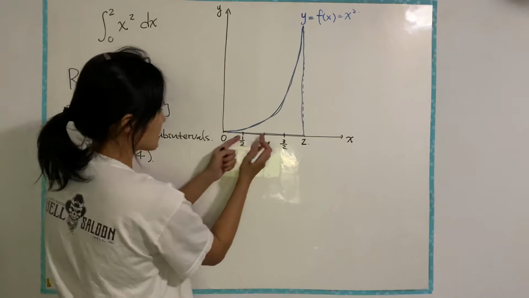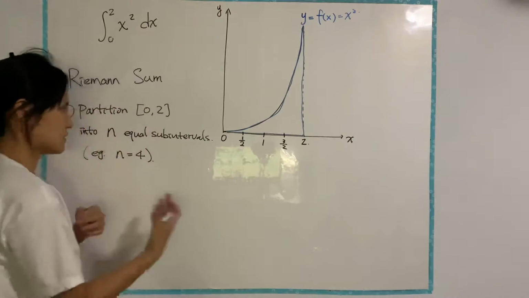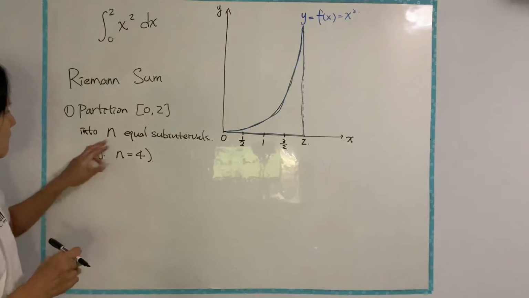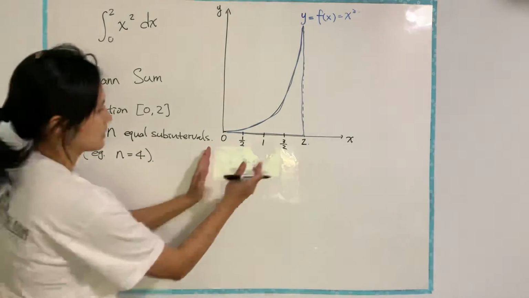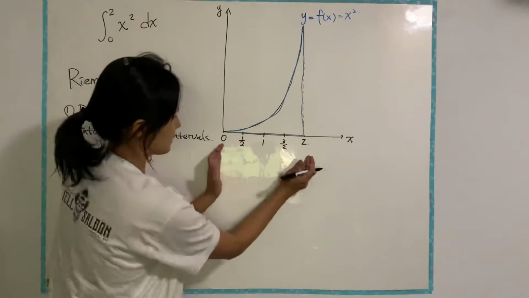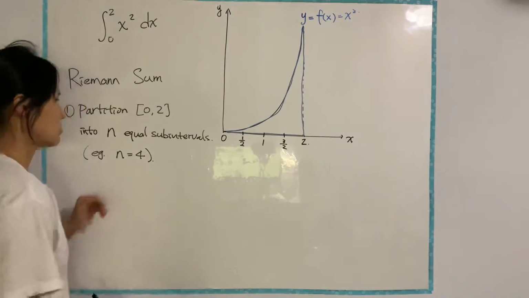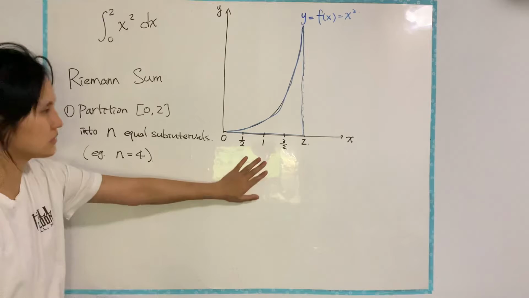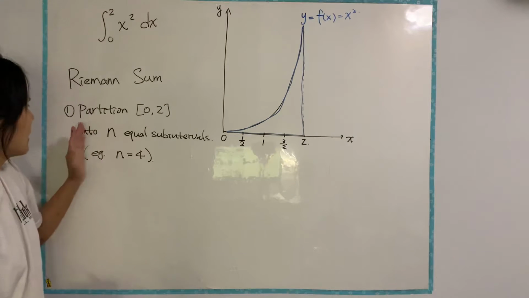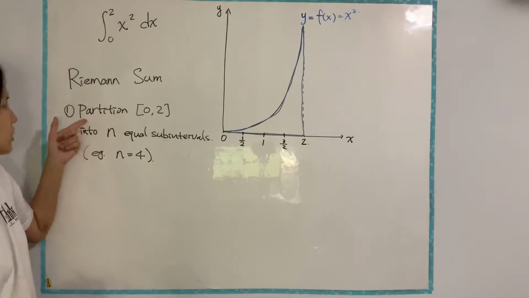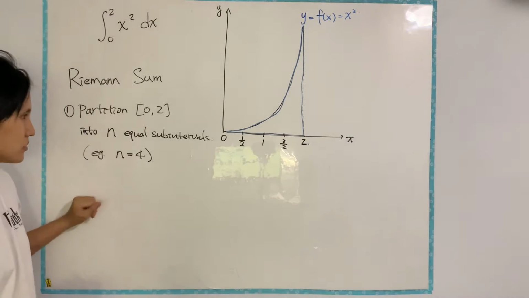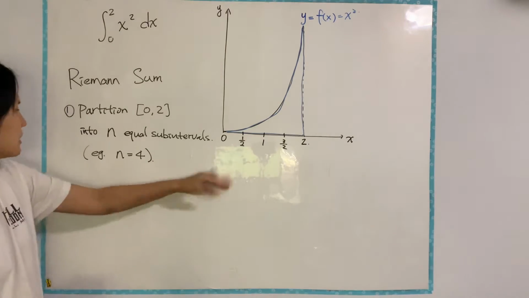So the length of each subinterval is 1 half. Okay, and of course, if n is equal to 5, then I will have different cuts. If n is equal to 10, then I have different cuts. So how you cut your interval really depends on how many pieces you partition the interval into subintervals. Okay, so this is an example.